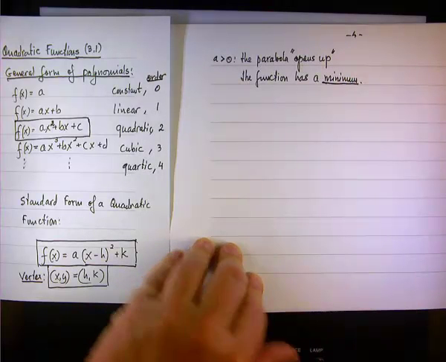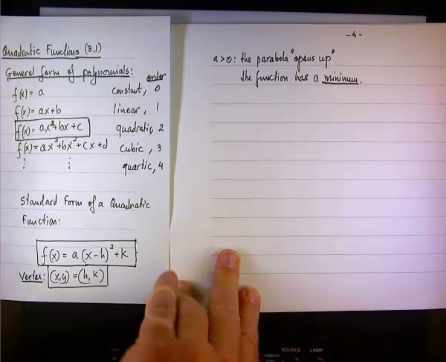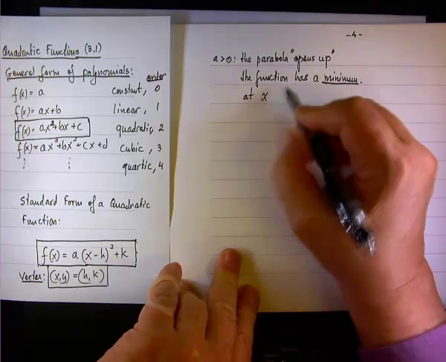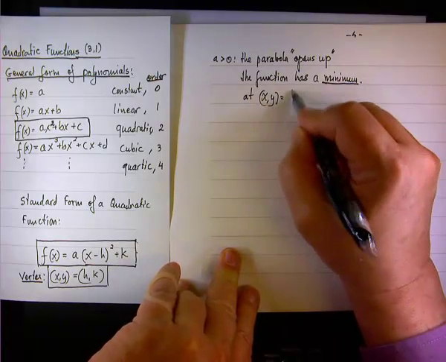Okay? And where is the minimum? Well, the minimum will be at the vertex. So the minimum will be at xy equals hk.